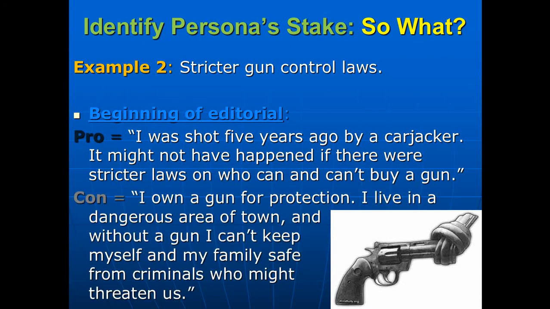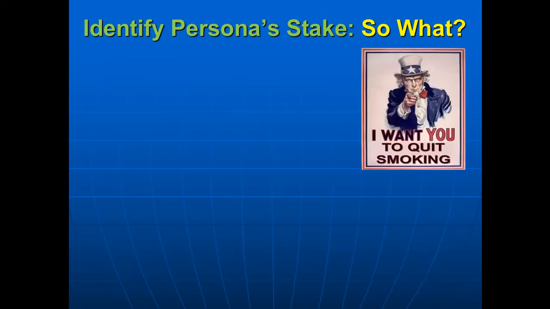I live in a dangerous area of town, and without a gun, I can't keep myself and my family safe from criminals who might threaten us. So again, our persona is someone who owns a gun, and then what they have at stake is they need to protect themselves and their family. So this is what you want to do with your editorials as well, show who this persona is, what they have to gain or lose when it comes to this topic.